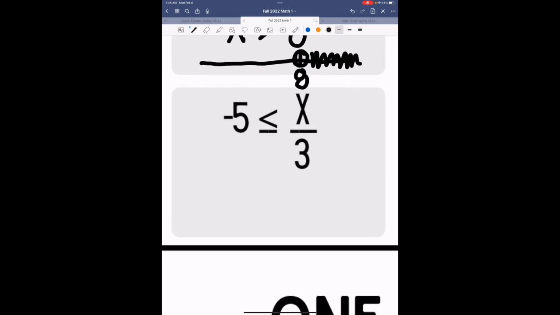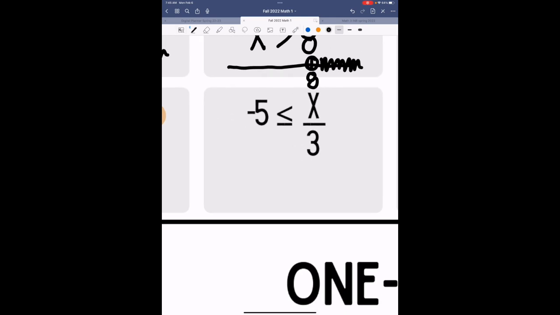All right, so again, if I want to flip this around, I can flip this side and this side, but we've got to make sure that it opens up to this piece when we flip it. So if I do x divided by 3, it's going to open up to negative 5. So now this says x divided by 3 is greater than or equal to negative 5.